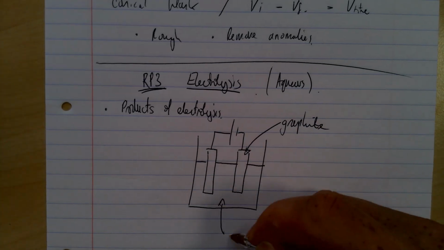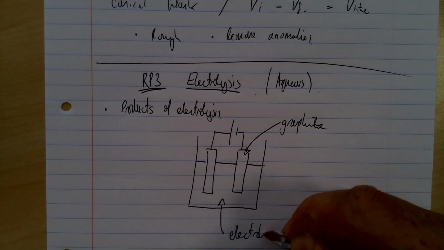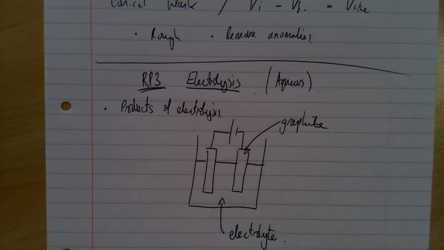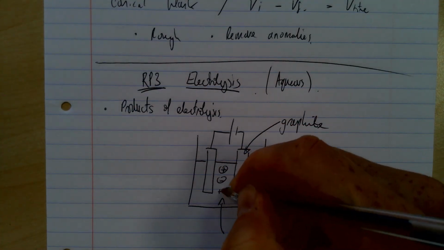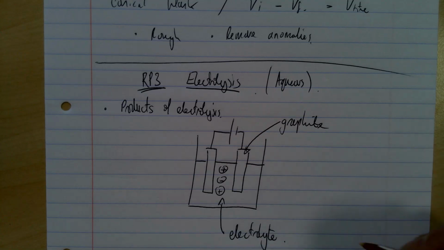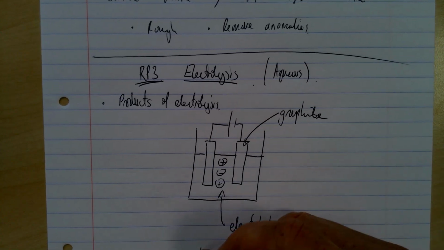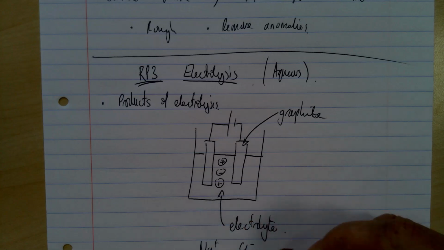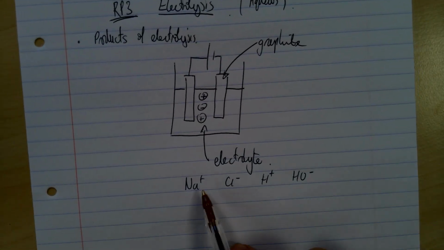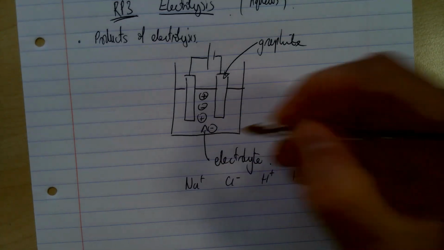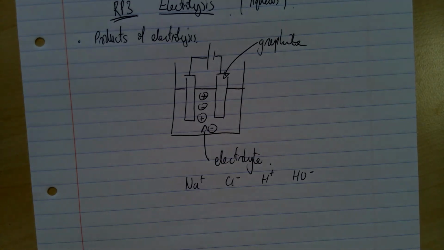We've got an electrolyte here. This is a solution that's got dissolved ions in it, which I'm going to draw as little pluses and minuses. That might be sodium ions, chloride ions, and from the water you'll have a small number of hydrogen ions and hydroxide ions. These come from the salt you've added, these come from water, but they're all in there. Now people forget what happens in electrolysis.